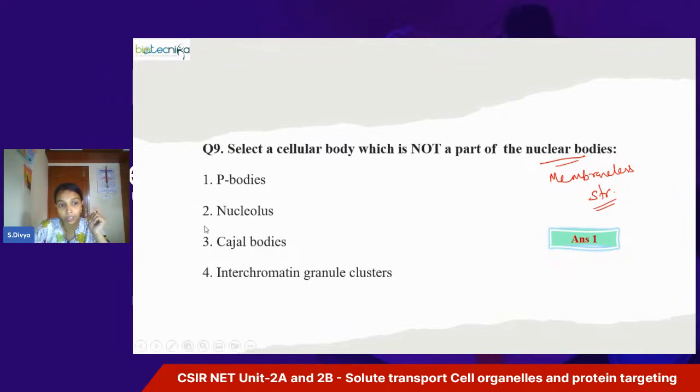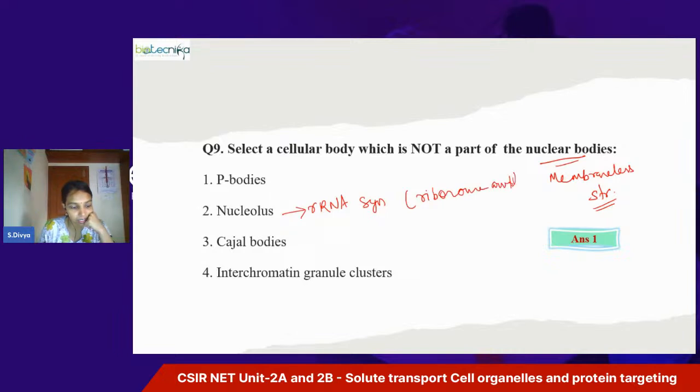For that, you need to understand the other options. What is the function of the nucleolus in general? This is the major ribosomal RNA synthesizing machinery and ribosome assembly.